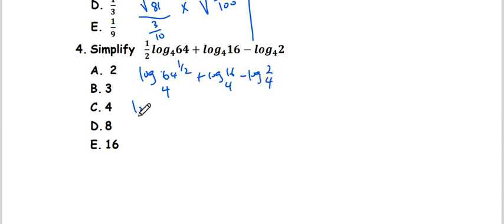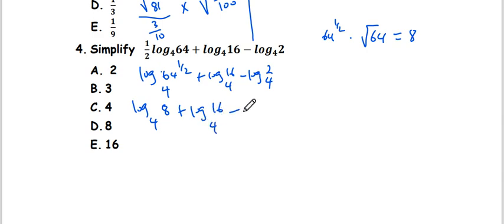This is the same as log of 64 raised to power half, which is the same as the square root of 64, which is equal to 8. So this becomes log 8 base 4 plus log 16 base 4 minus log 2 base 4.